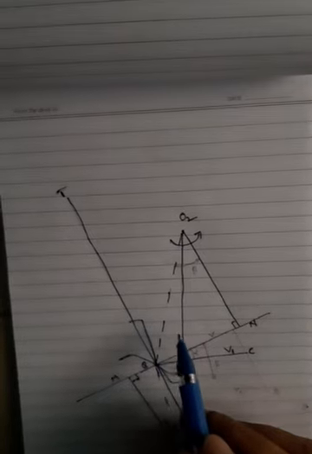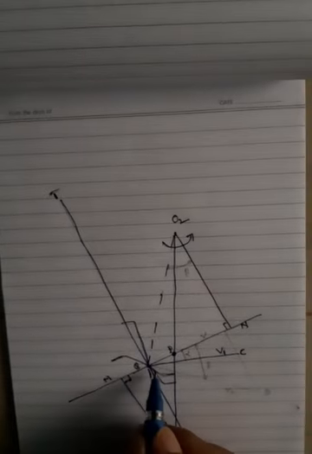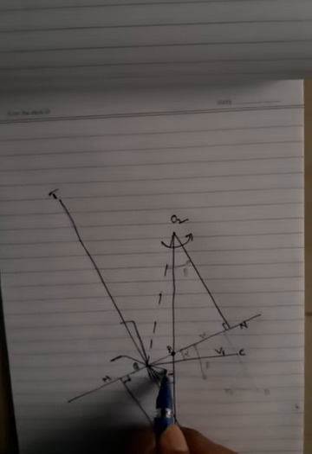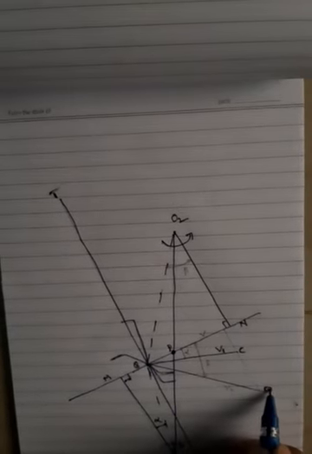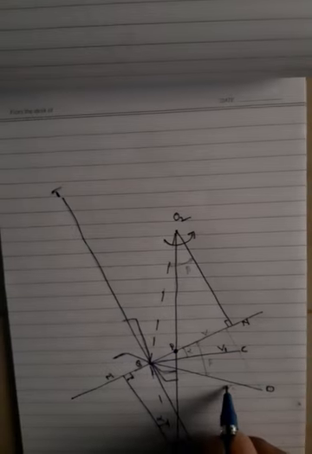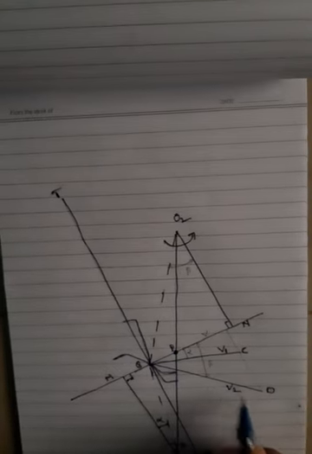The velocity is perpendicular to O2Q and is given by line QD, and the velocity component is V2.